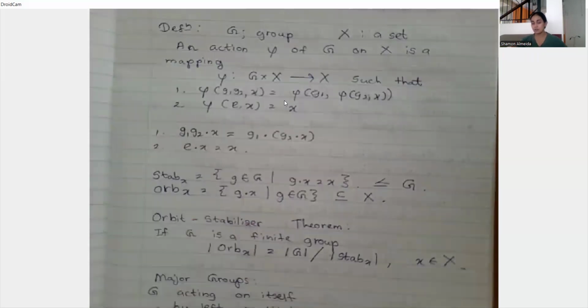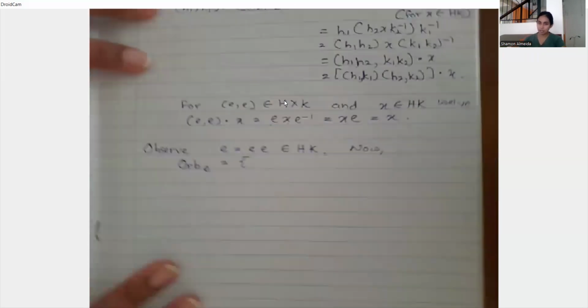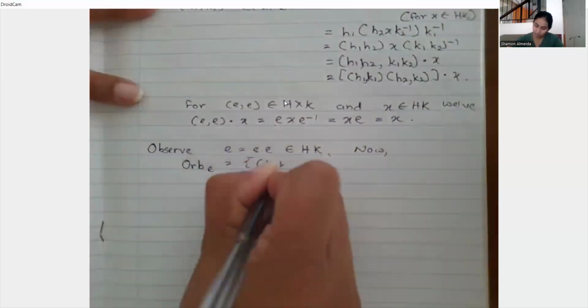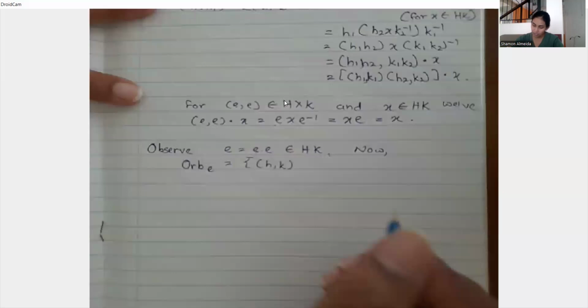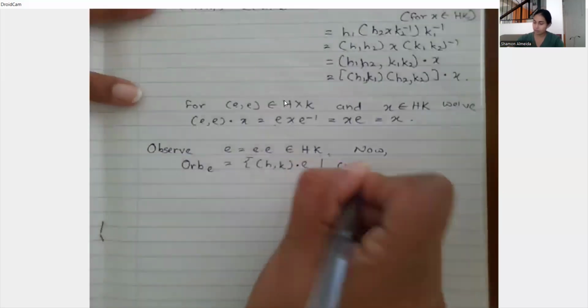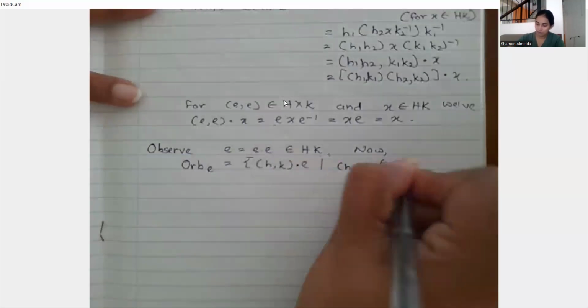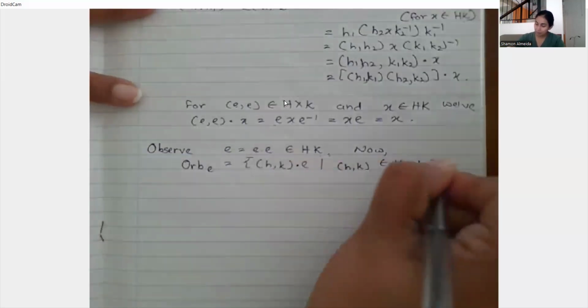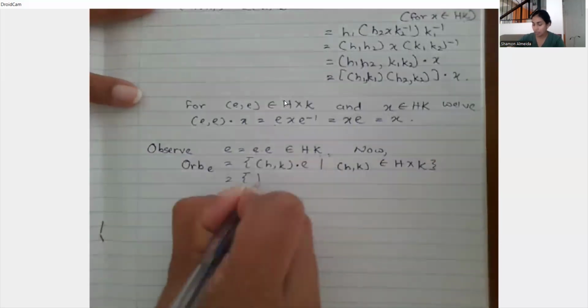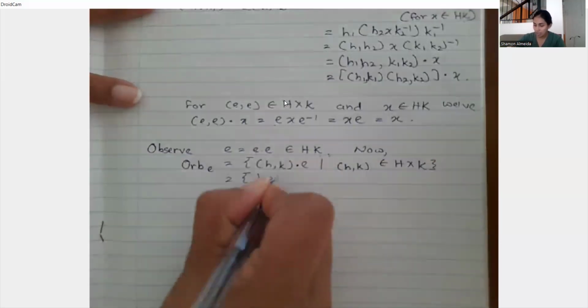In our case, we are going to take it by the identity. So we take any element (h, k) from the group H cross K dot the identity. By definition of the group action, this is equal to h, the identity, k inverse.